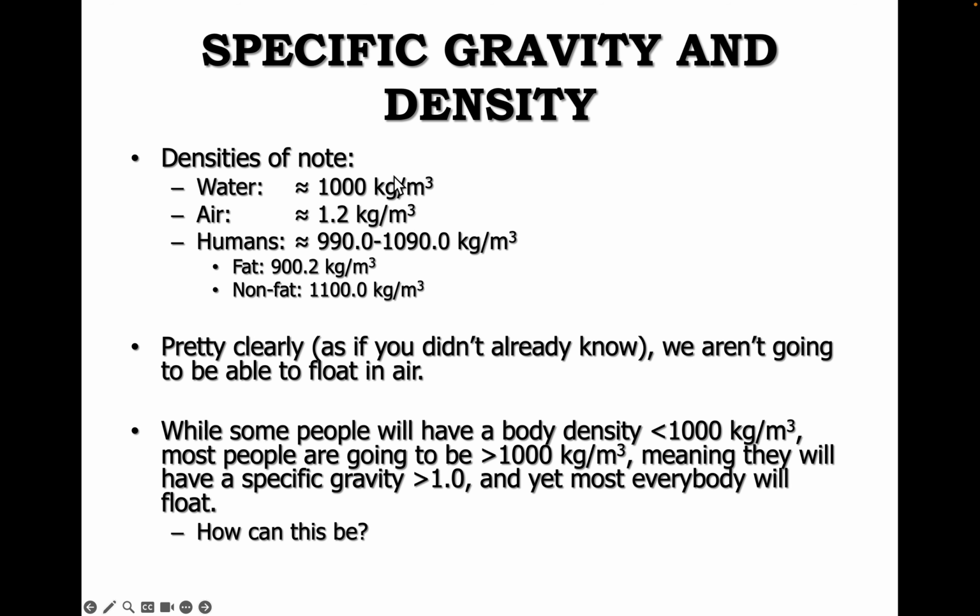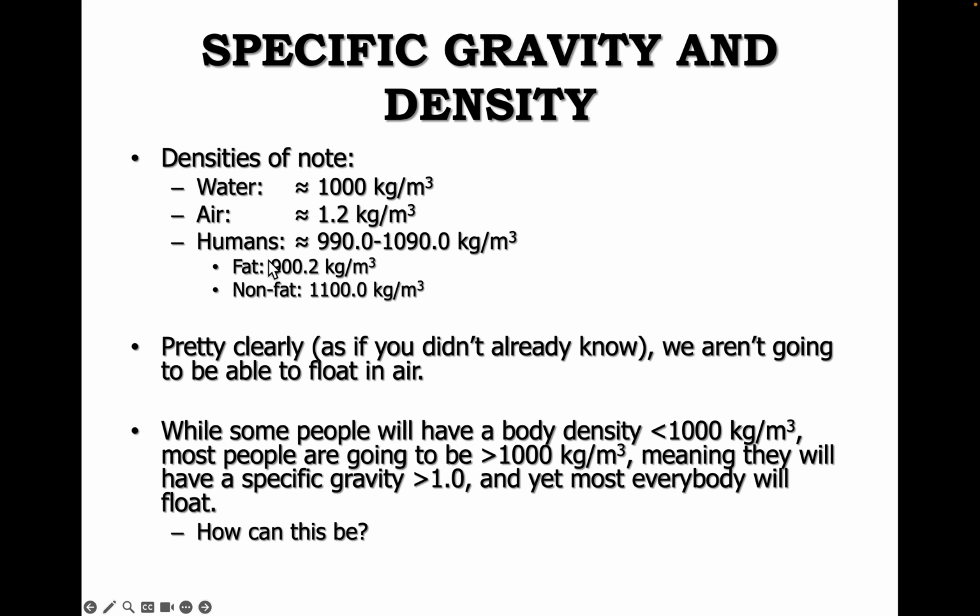So here are some specific densities that we look at with reference standards. We know that water is approximately 1,000 kilograms per cubic meter. Air is approximately 1.2 kilograms per cubic meter. So those are two different fluid reference standards.